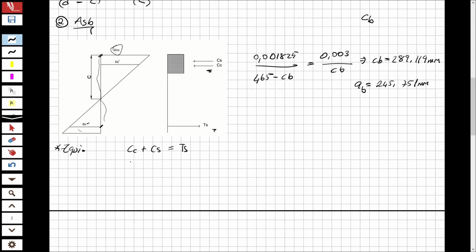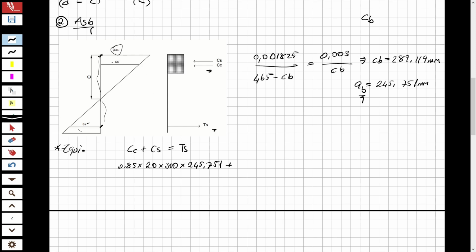Okay, so what is CC? 0.85 multiplied with the design strength of the concrete, which is 20 megapascal, and multiplied with 300, which is BW. It never changed, the short length of the beam, the bottom length. Okay, and multiplied with A. What is A? 245.751, AB. Now I define it here. Plus AS prime.